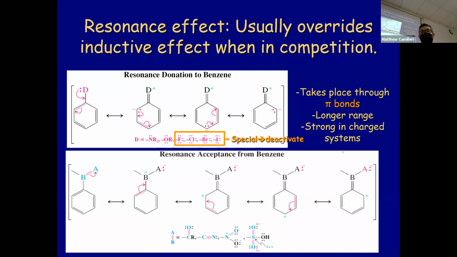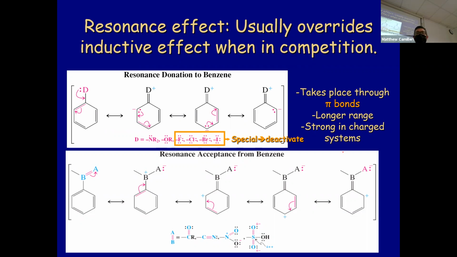Now, we have to pay attention to the halogens. The halogens actually have lone pairs of electrons. Normally, this donation of the lone pairs of electrons onto the ring would activate the ring.